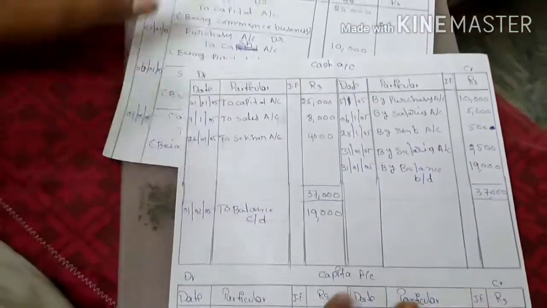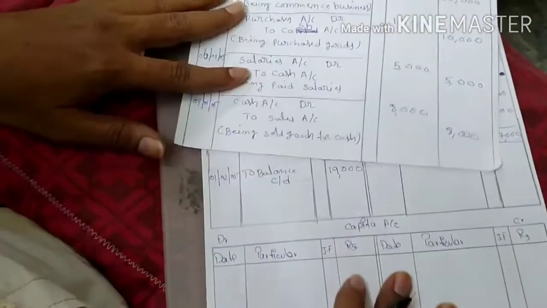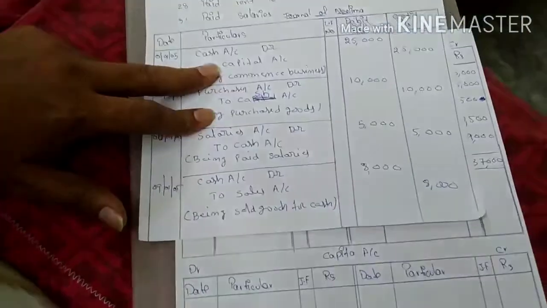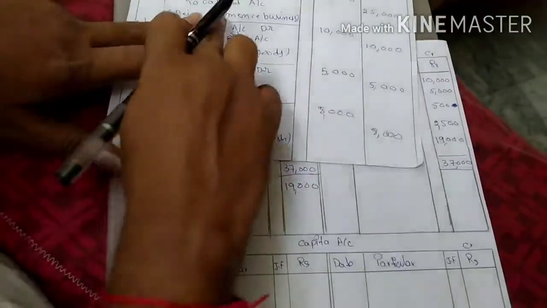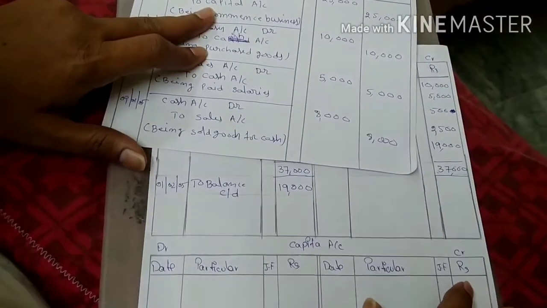Next we need to prepare the capital account. So this is the proforma for the capital account. Here the first transaction is there, the second one is capital, that's why the second ledger is capital. Capital is on the credit side, that's why we need to post cash on the credit side.